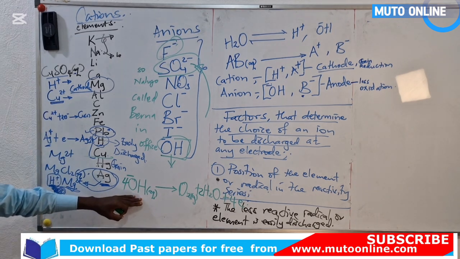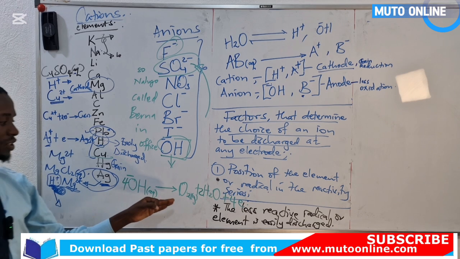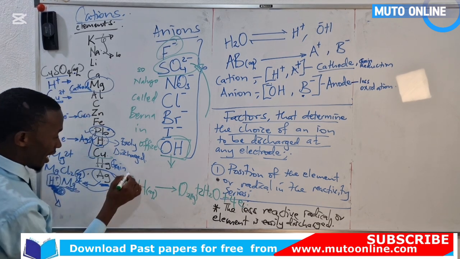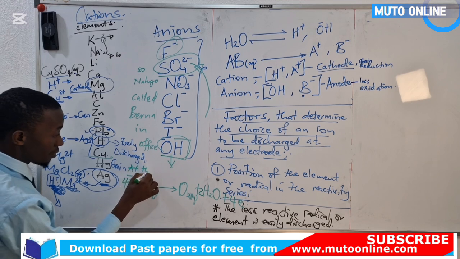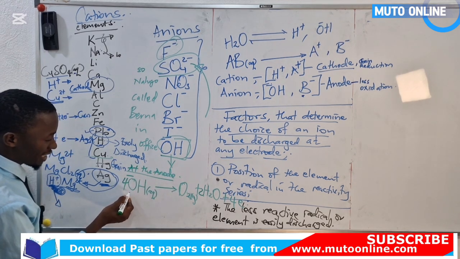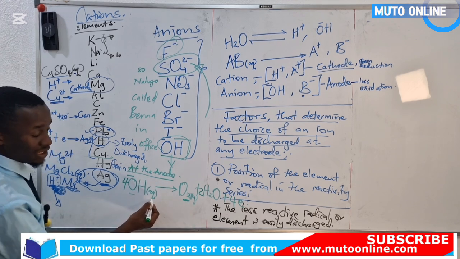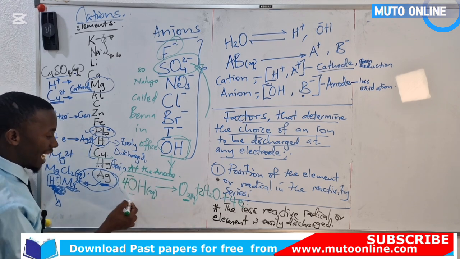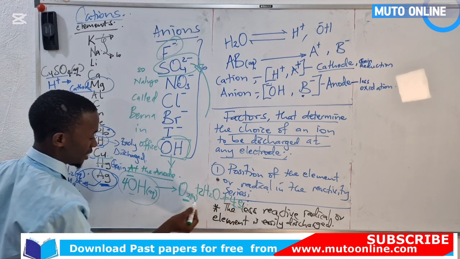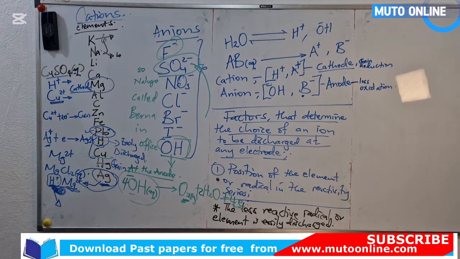So the hydroxide ion loses 4 electrons to form oxygen gas that will be seen as bubbles at the anode. If the hydroxide ions are being discharged, we shall be seeing bubbles of oxygen gas, as a result of the hydroxide ions losing electrons to form oxygen gas.